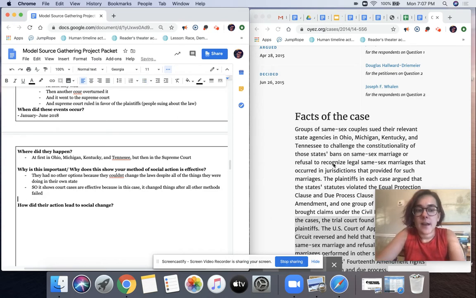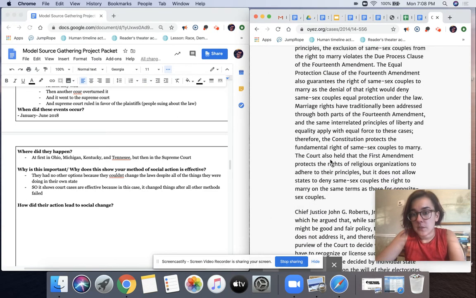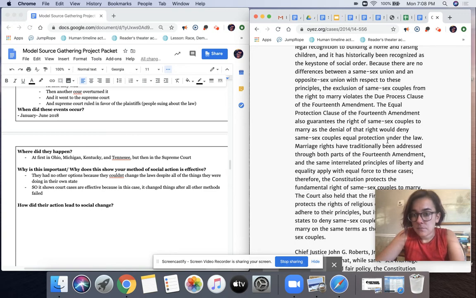And then how did their action lead to social change? There, I would also use my own reasoning to break apart some of these things that say, oh, it called to the Constitution. These ones are really, I have to use my brain. Sometimes you may find that they do some of this for you, but a lot of times you're going to need to do the thinking, especially for these ones.